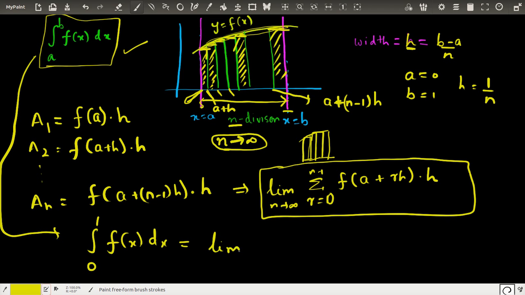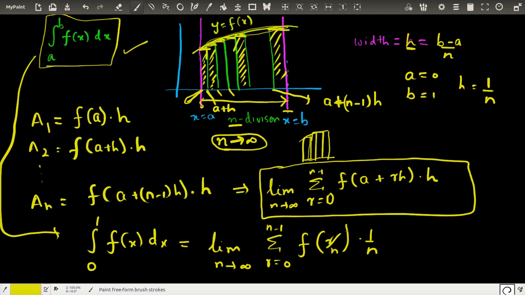Making a corresponding change in the limit expression also, we have the limit n tending towards infinity, summation r going from 0 to n minus 1, of the functional value, where a is 0 and h is 1 by n, so it becomes r by n, and clearly h is also 1 by n.